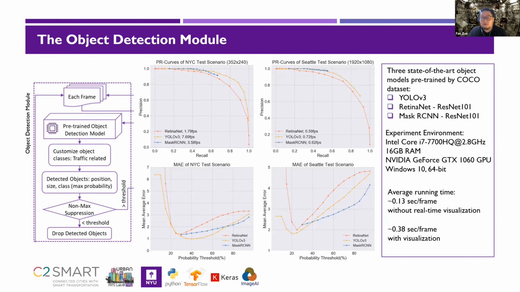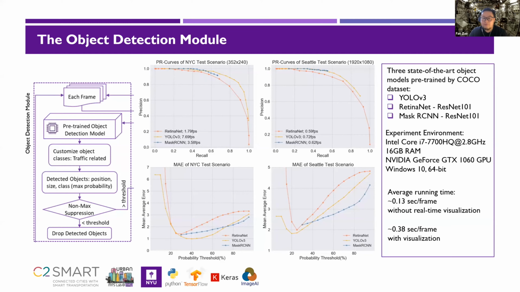The ground truth data for model evaluation and validation will be manually labeled from the collected video data. And we use the PR curve, the computing cost, and the MAE result to decide which one is the best model for this research. Finally, based on these plots, you can see the PR curve and the MAE scores here. We decide on YOLO V3 as our backbone object detection model.